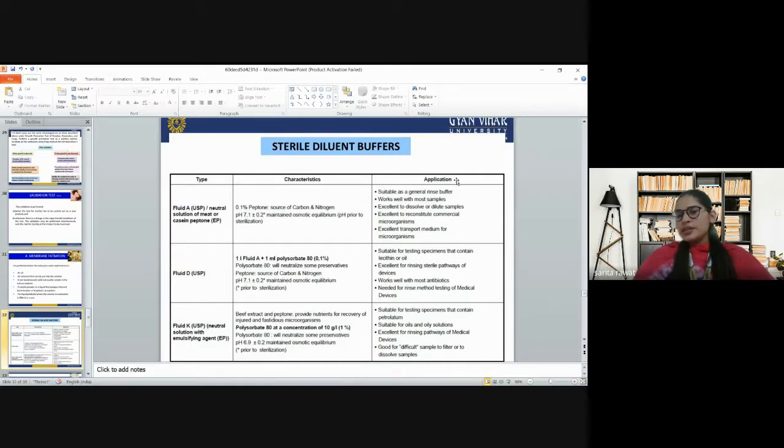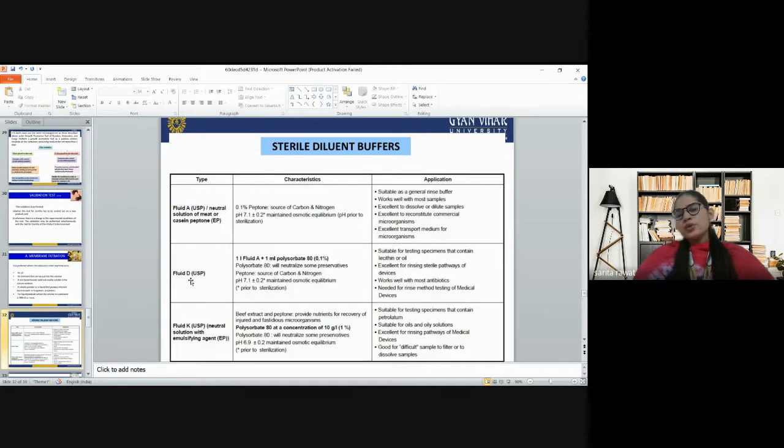Its application is as a general rinse buffer. It works well with most samples, is excellent to dissolve or dilute samples, excellent to reconstitute commercial microorganisms, and an excellent transport medium for microorganisms.